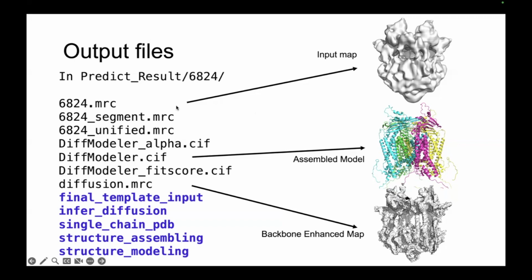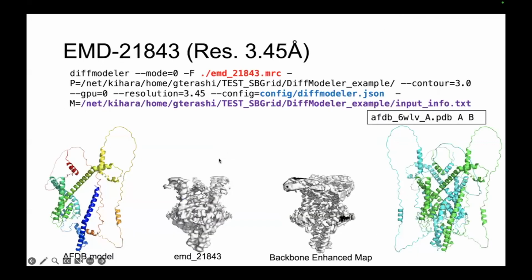So once you run the DiffModeler, please check the inside of the directory. Then actually, last week I tried to use the DiffModeler on SBGrid using a different map and structures. So this is the actual command I tried.